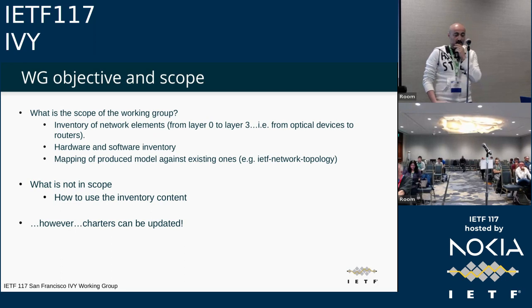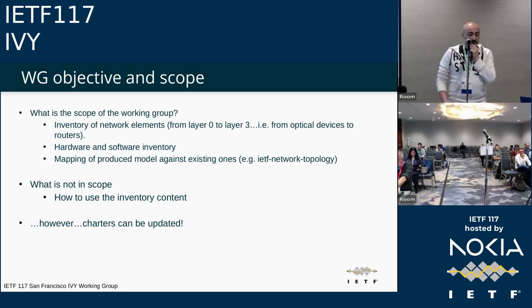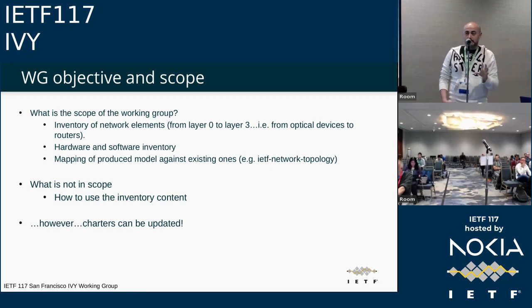Thanks. Speaking about the scope: network inventory, devices from layer 0 to layer 3. When we wrote the charter, we thought that this was clear, but we received a lot of questions about what it means. Basically, any device, from the optical layer to routers, going through switches, whatever is between layer 0 and layer 3.